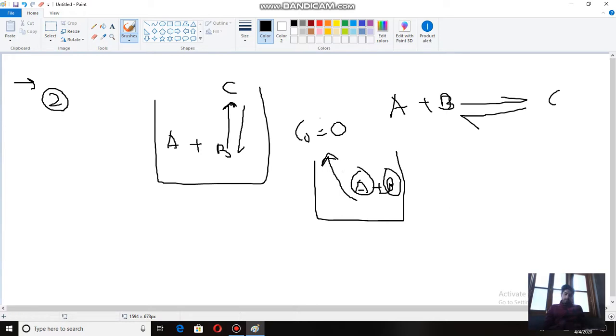Now A plus B will try to form some C, that means the concentration of C will increase, and after some time this C will also try to decompose. This is the basic of reversible reaction.